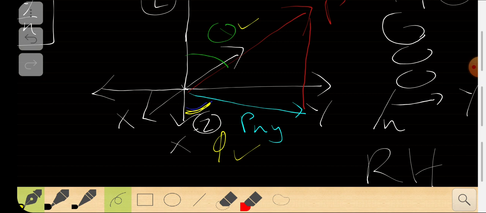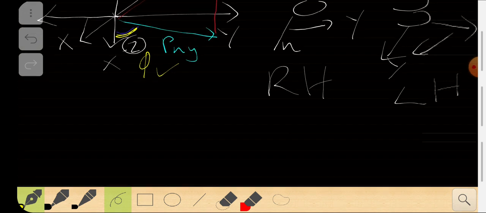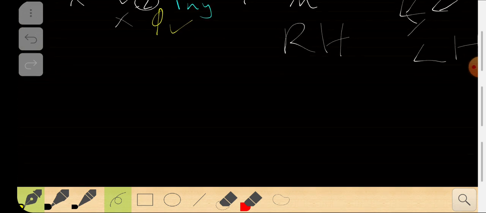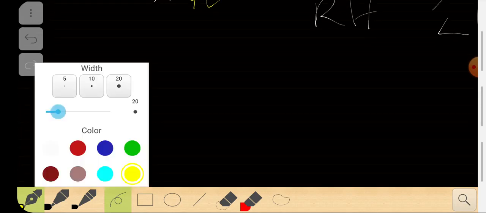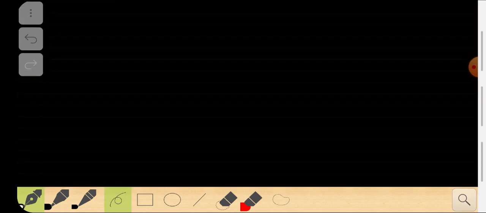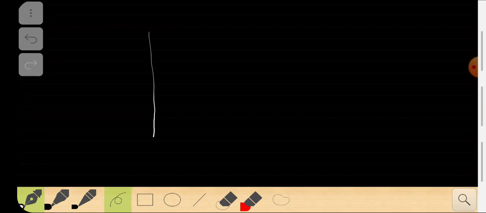Now in the three-dimensional Cartesian system, I'm going to redraw that. This is the system.